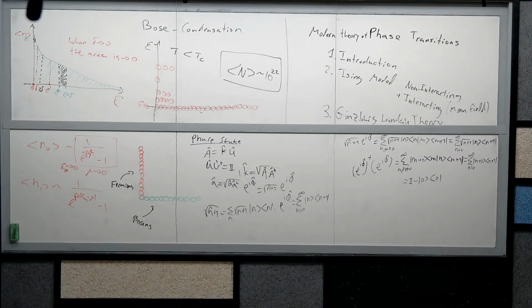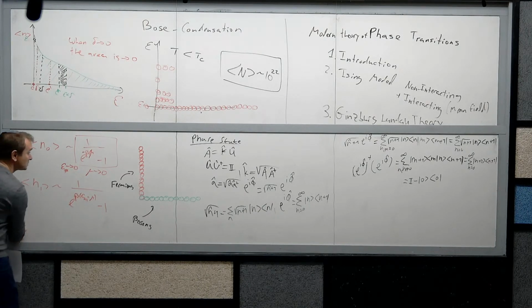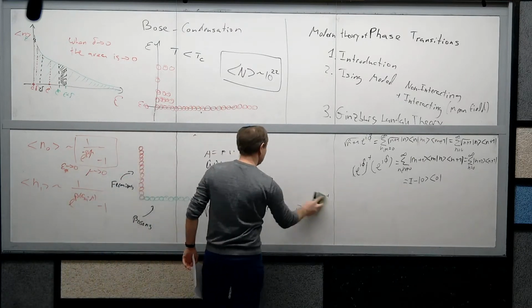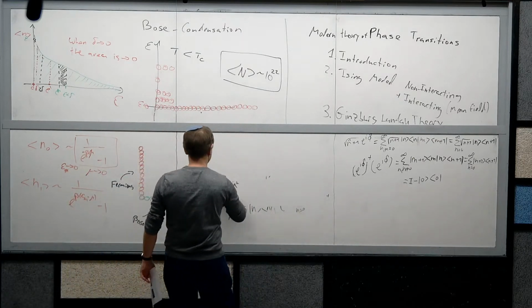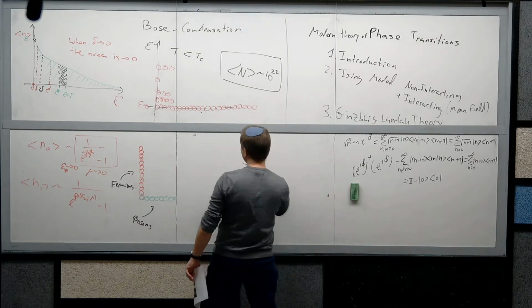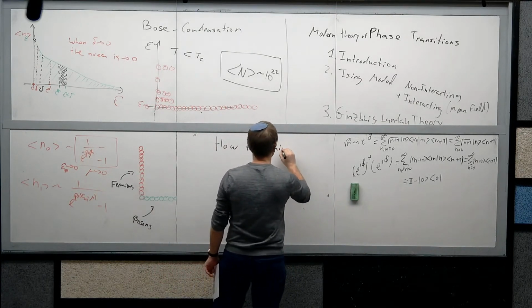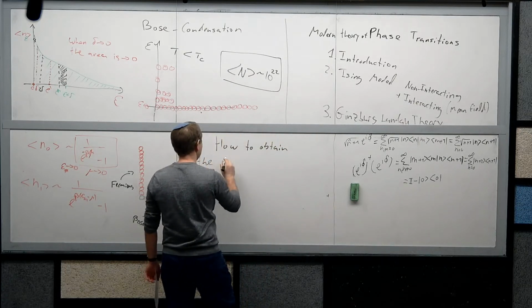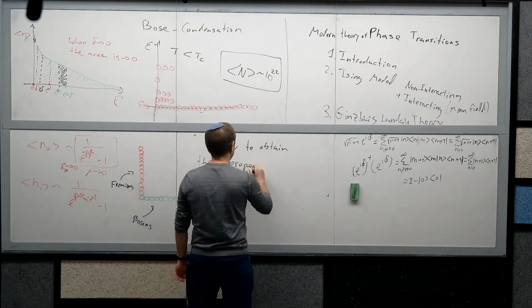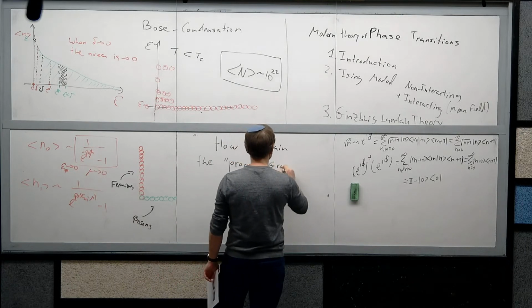All right, so now we know that we have to treat this specific position differently. We can see what actually happens, how we obtain this. Question: how to obtain the proper grand canonical potential?